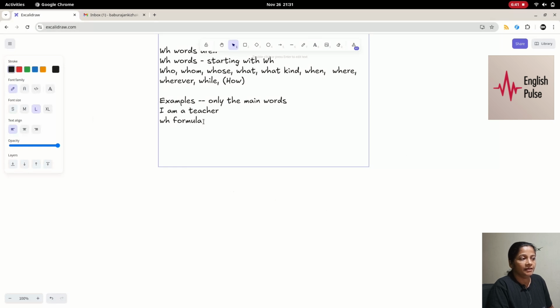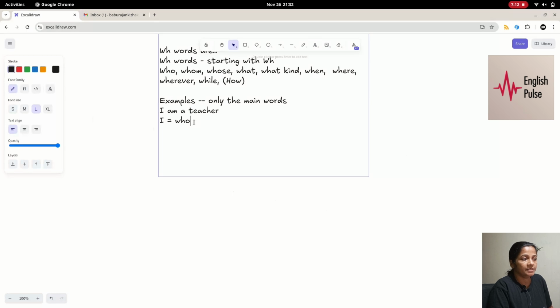So I is equivalent to who. The meaning of this formula is you can replace this I with who. That way we can identify the function of a word in a sentence, which we will explain later.